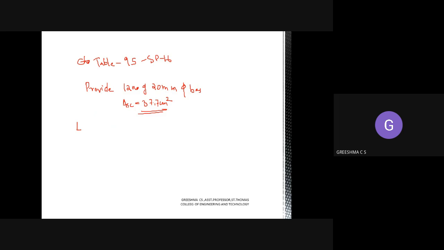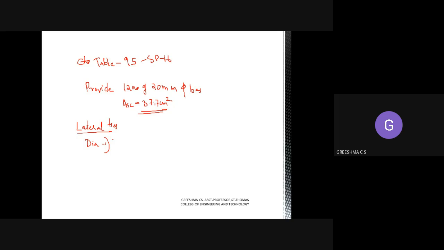Now next is lateral ties. Design of lateral ties. You have to provide the lateral ties. Diameter of the lateral tie should not be less than, what is the criteria? Tell me the criteria now.